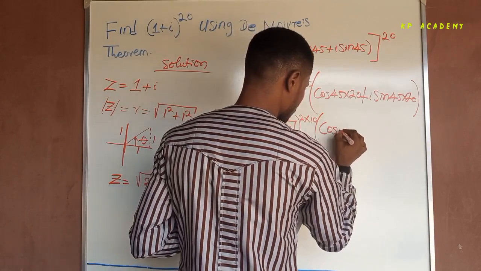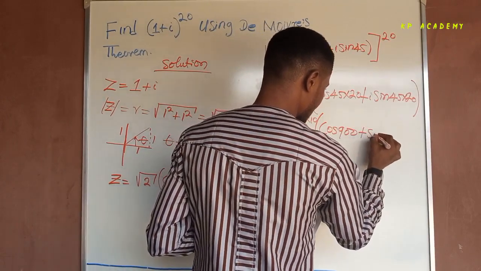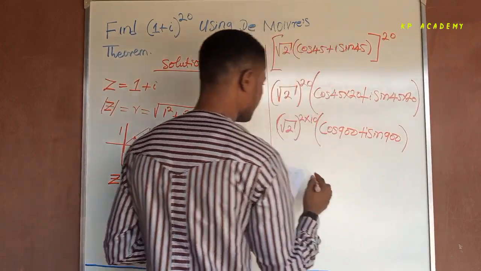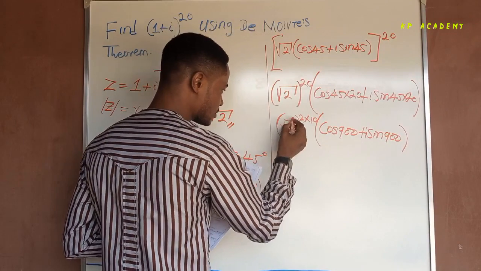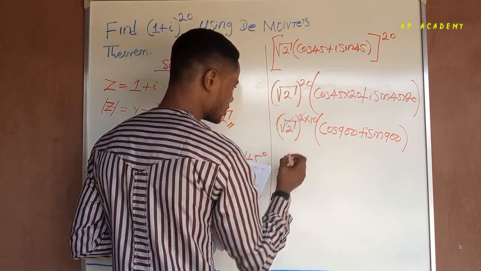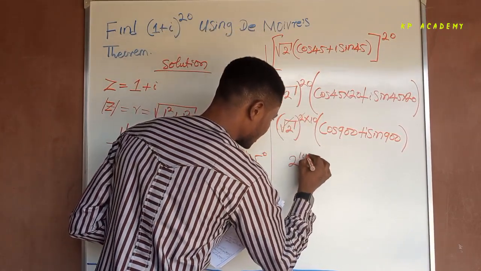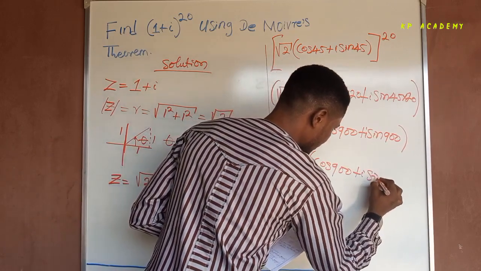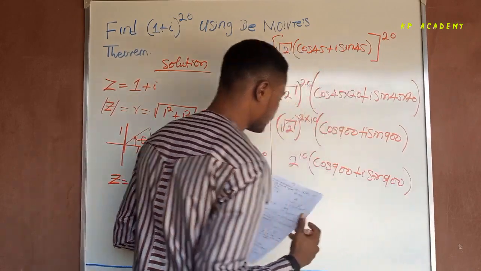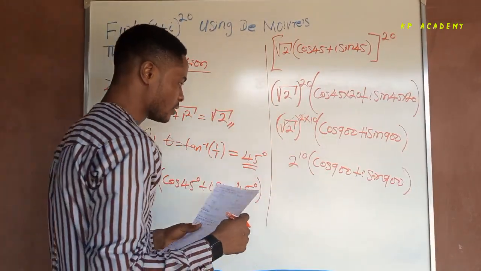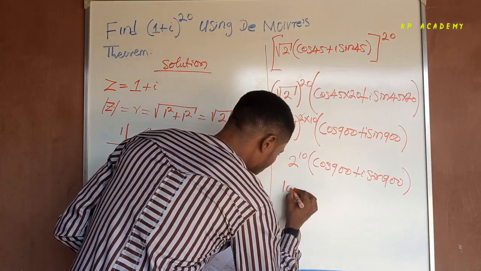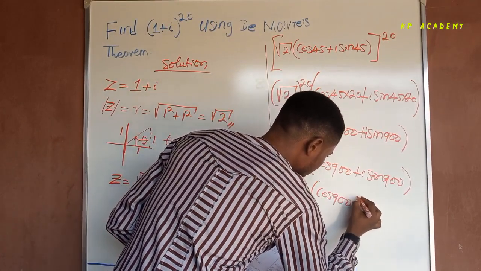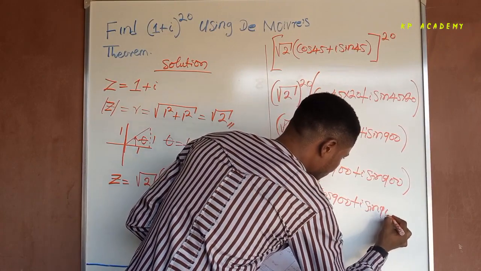So we have cos 900 plus i sine 900. The square root cancels the square, so I have 2 raised to power 10 into cos 900 plus i sine 900. But 2 raised to power 10 is 1024. So 1024 into cos 900 plus i sine 900.